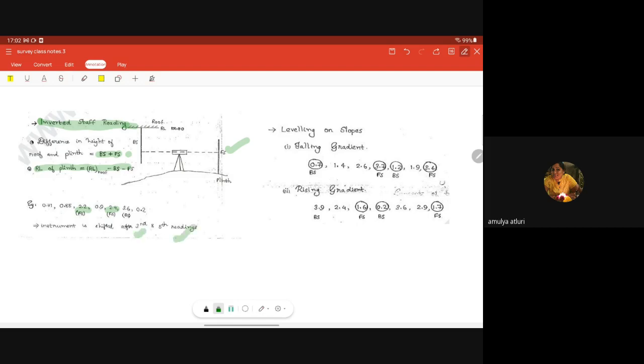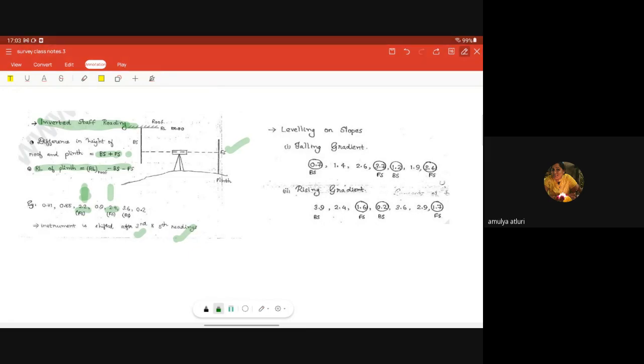You can identify it, right? So this is my FS first, and in the third one the instrument is placed. After that, the next intermediate sight is 0.9, and in the fifth reading 2.4. You can identify it if you are given the different levels: when the instrument is shifted, at which reading, and which readings are foresights and backsights.